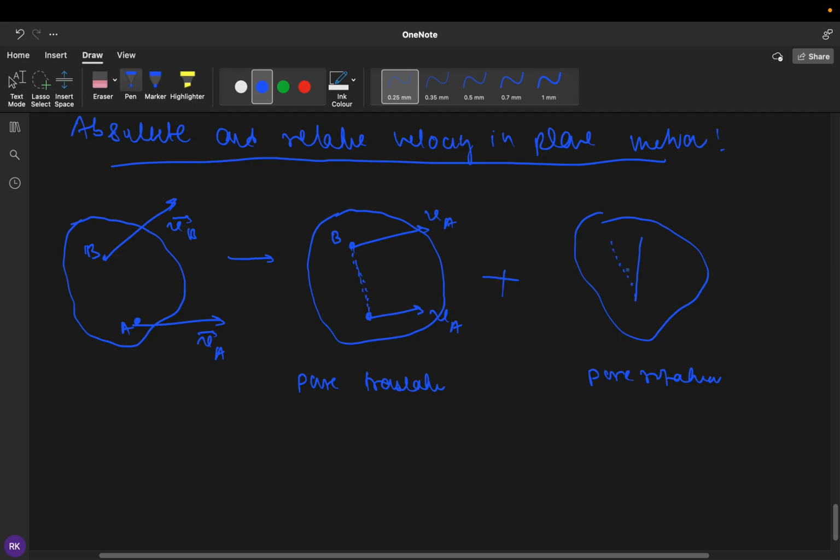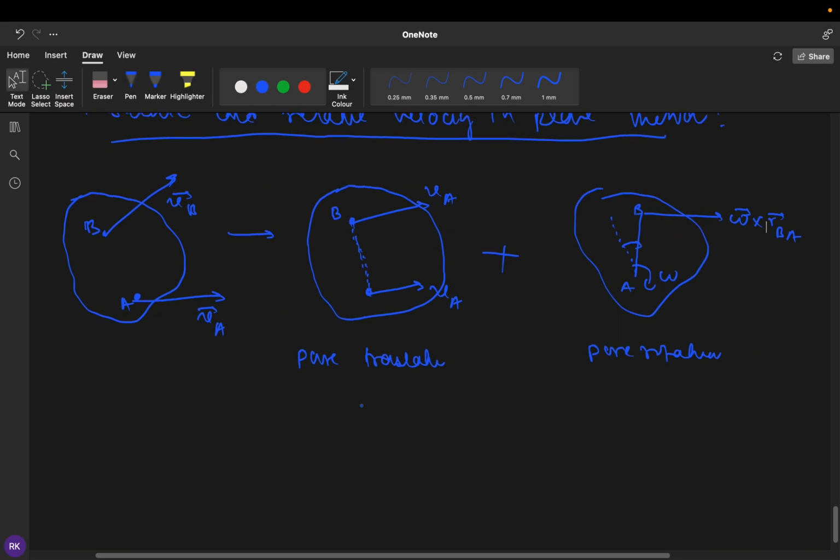From this orientation it might have changed to this orientation. Then what will be the velocity because of this rotation? That velocity will be nothing but omega cross r, and this is B, if this is A, then RBA. So this is the velocity because of pure rotation.